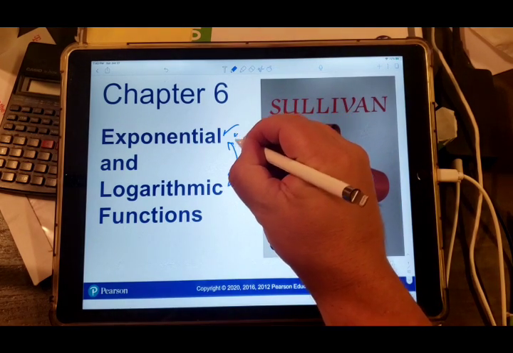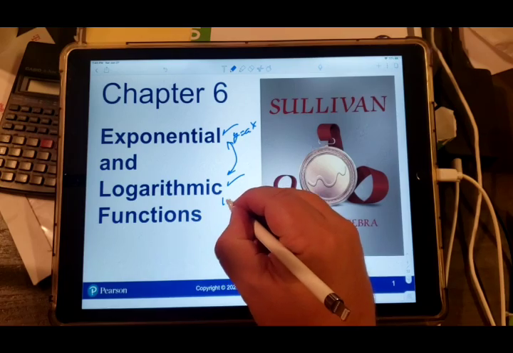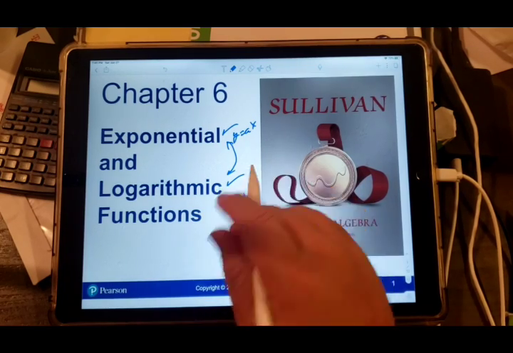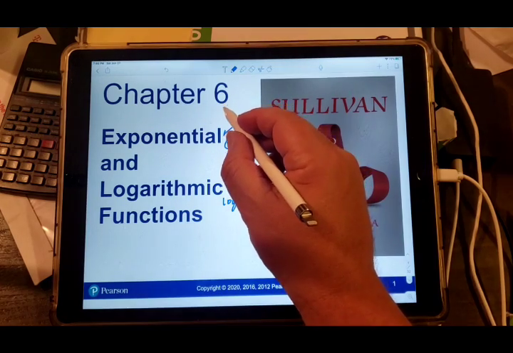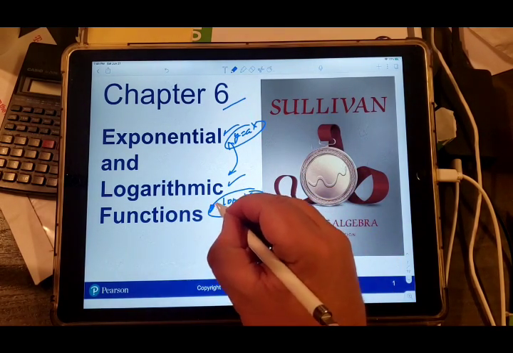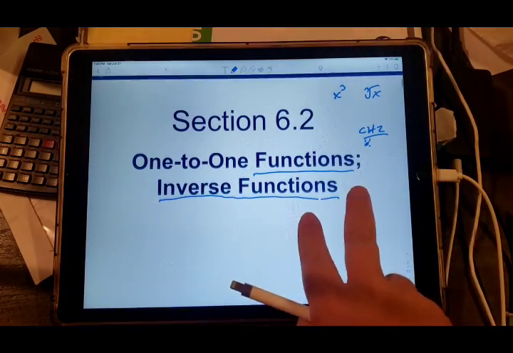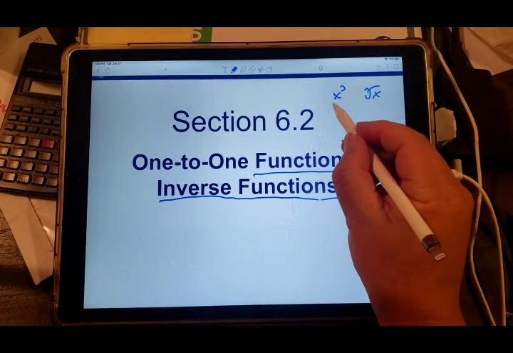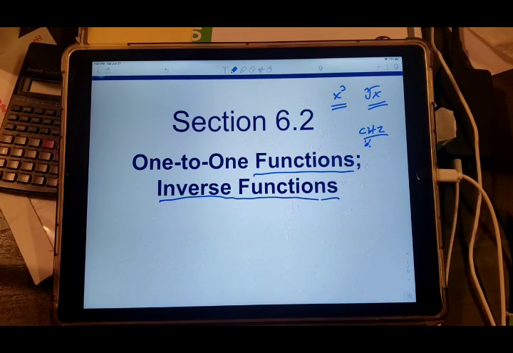So if you have y equals a to the x and log base a of x, these are functions the book hasn't really talked about yet, because that comes later in chapter 6. But these two functions are inverses of each other in the same way and the same properties where x cubed and cube root of x are inverses of each other.